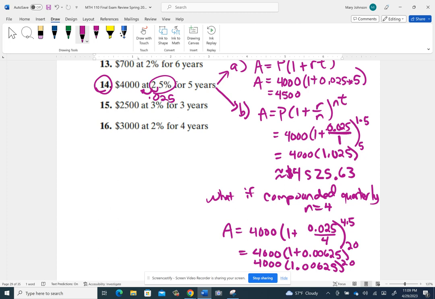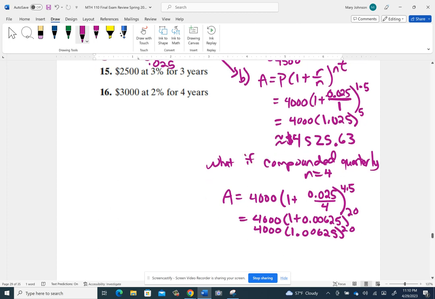I'll try again. 1.00625 raised to the 20th power. Okay, that looks better. I knew it should be around 4,500, and I was getting like 80 something. Okay, so that would be about $4,530.83.